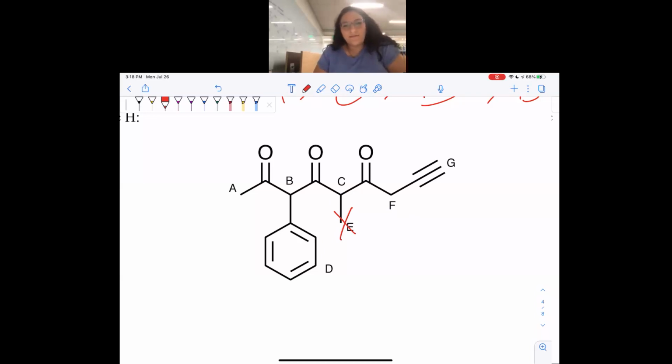So then we see this is allylic, this is allylic, this is allylic, this is allylic. Versus this one is just a triple bond, so we get rid of it. This one is just a double bond, get rid of it. So now we have 4 allylic positions, right?